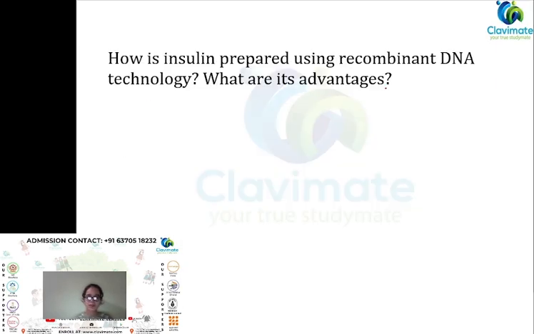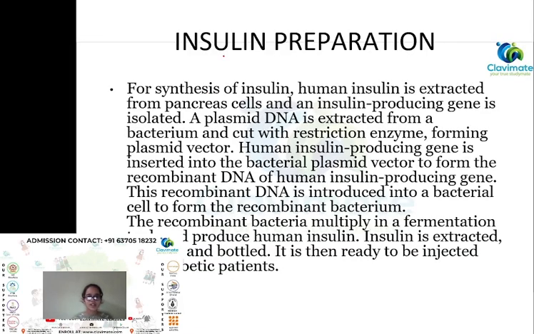So how is insulin prepared using recombinant DNA technology? What are its advantages? For the synthesis of insulin, human insulin is first extracted from the pancreatic cells, and from those, the insulin producing gene is isolated. Then from a bacterium, a plasmid DNA is extracted and cut with a restriction enzyme.